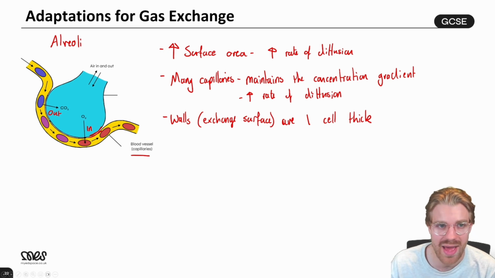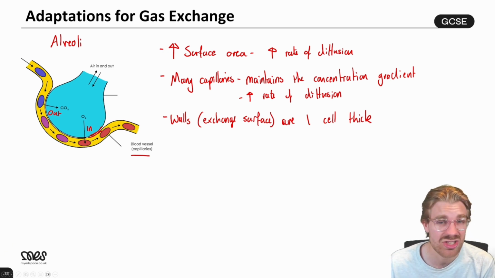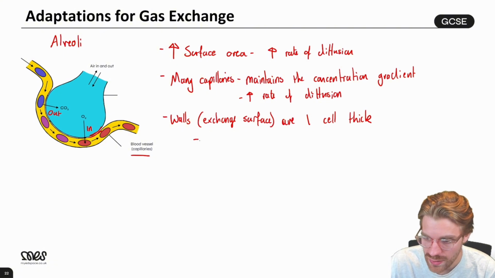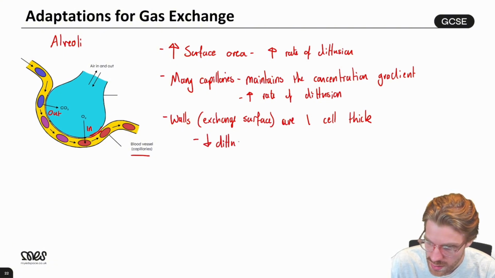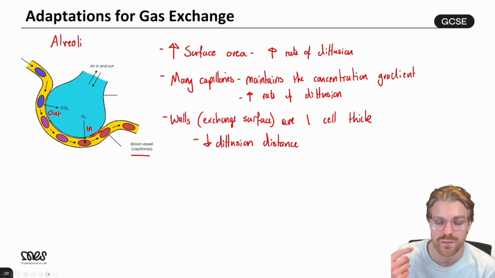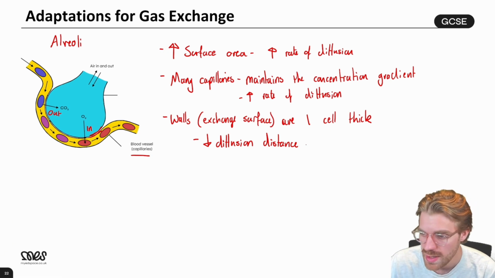And the problem there is it shows a bit of a misunderstanding, because the cell membrane doesn't change in thickness. The cell membrane stays the same. We want to say that the walls or the exchange surface are 1 cell thick. And the consequence of this is this reduces the diffusion distance. And if we reduce the diffusion distance, the distance that the oxygen has to move from the alveoli into the blood, this is going to increase the rate of diffusion.